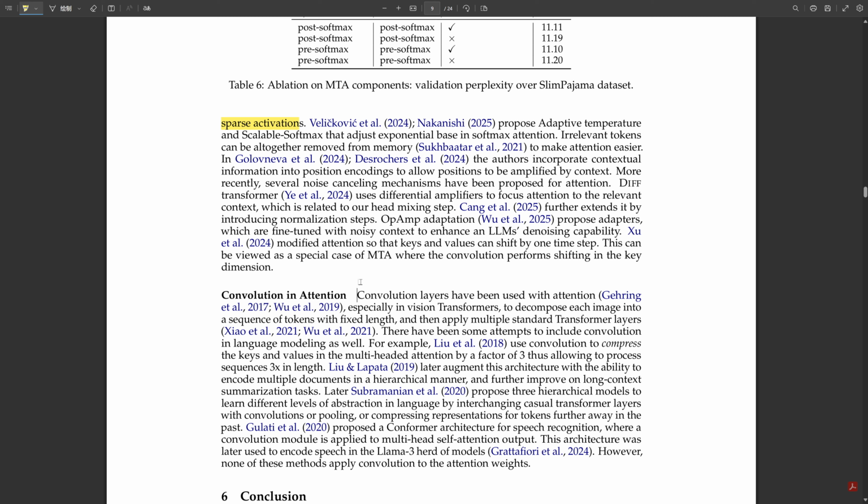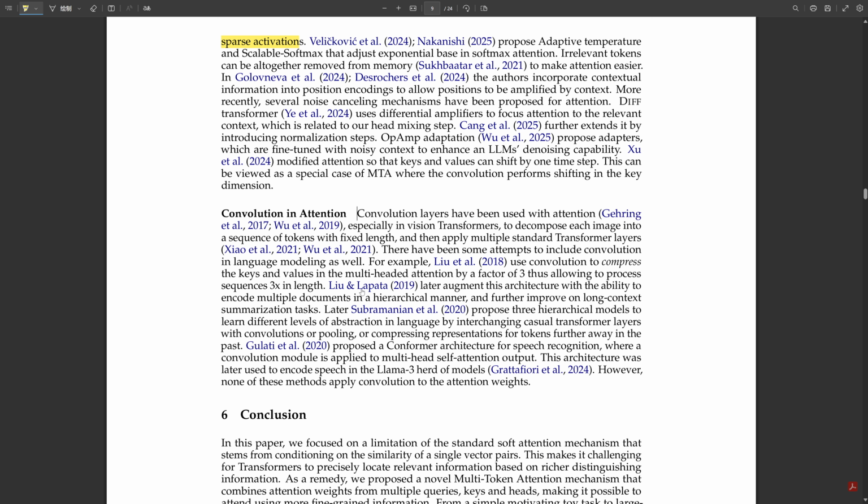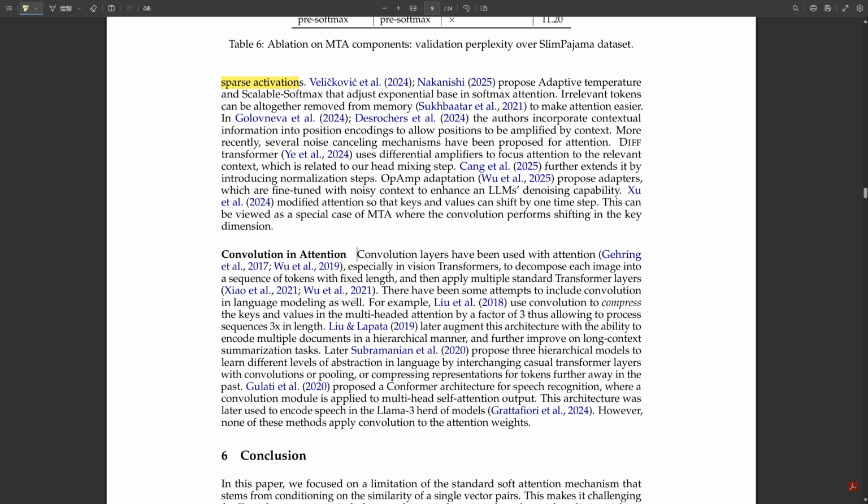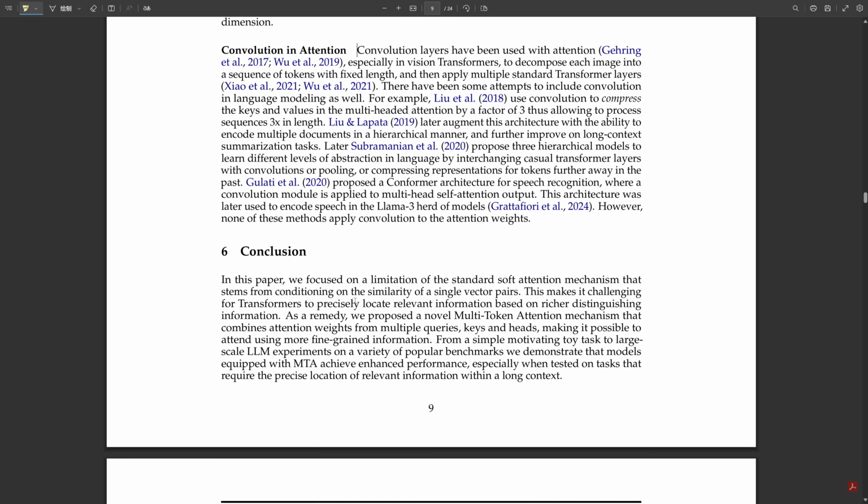Mm-hmm. The results they got really show how powerful this approach is, especially for tasks that involve long-range dependencies and finding specific information. Yeah, it's definitely making a strong case. And from an academic perspective, it opens up new ways of thinking about how attention can evolve to capture even more linguistic relationships. That's exciting.